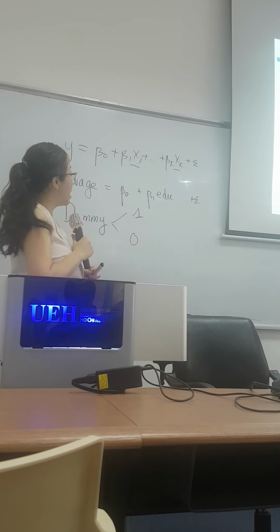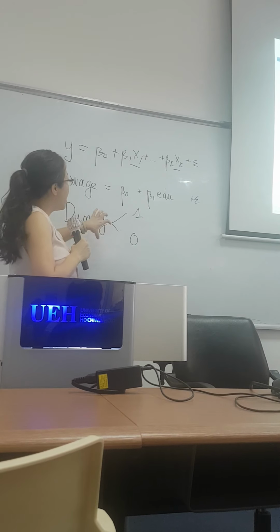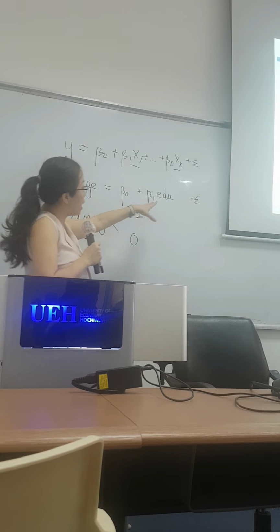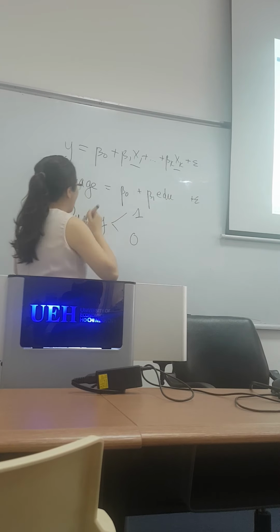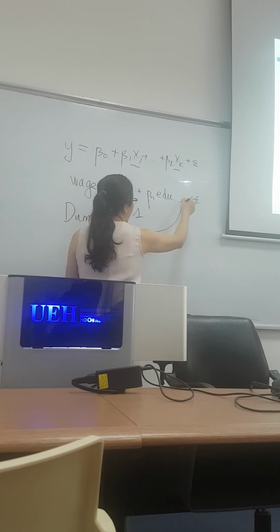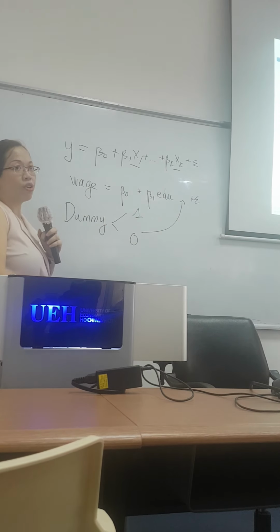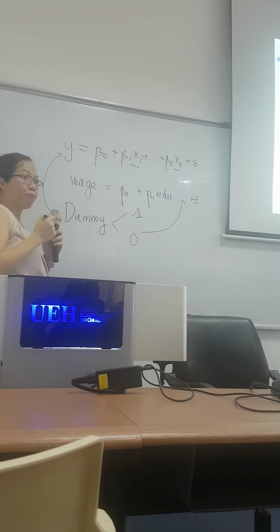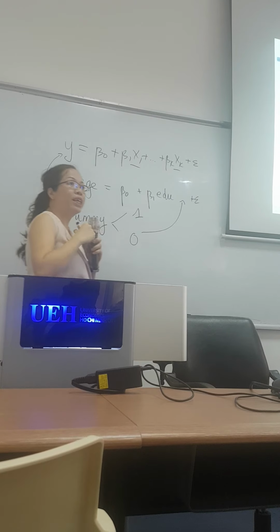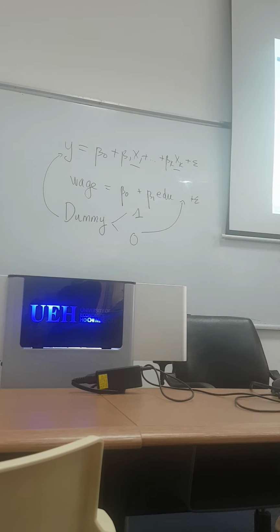Firstly, we're going to incorporate the dummy variable in the independent variable, and later I'll introduce how to use dummy variables in Y. So we can incorporate qualitative data in either the independent variable or the dependent variable.